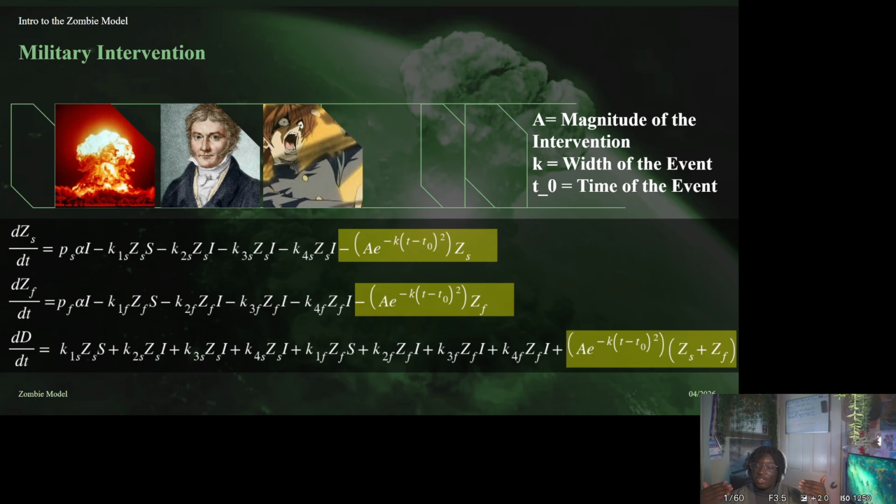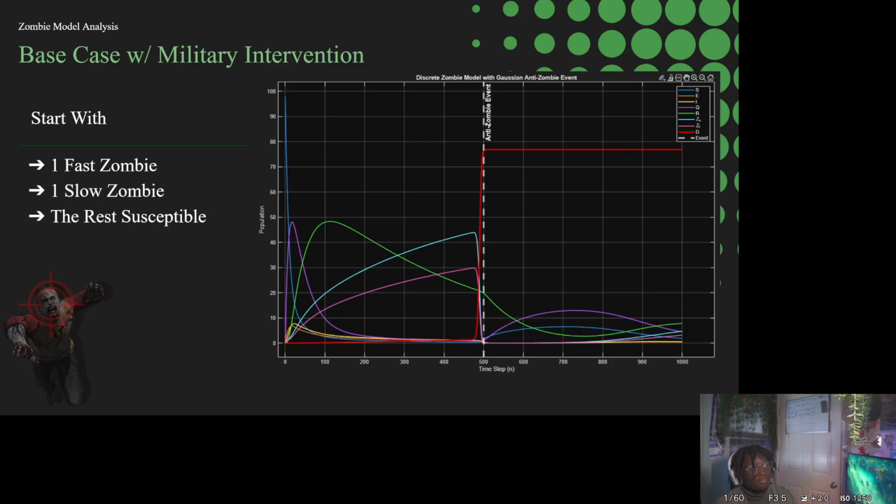But once those zombies are dead, they're subtracted from their respective groups, slow zombies and fast zombies, and then they're added to the total dead zombie equation, right? Because you need that negative coefficient, or the opposite sign somewhere else in the system because it's a closed system. So here's what it looks like once we add military intervention, right?